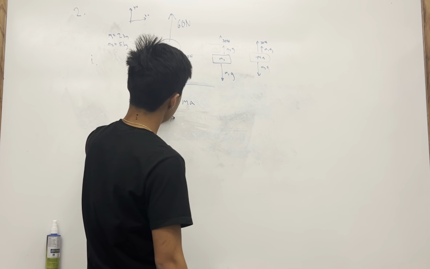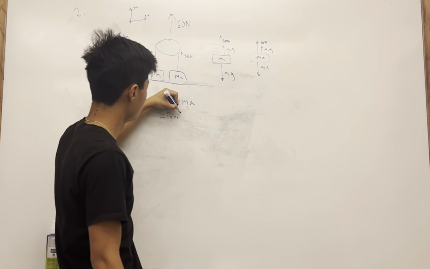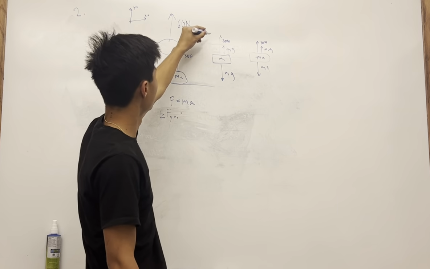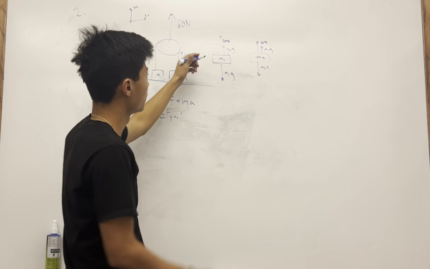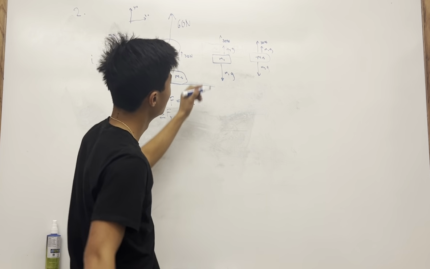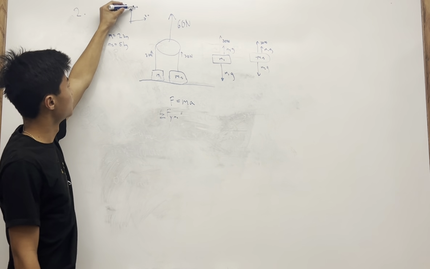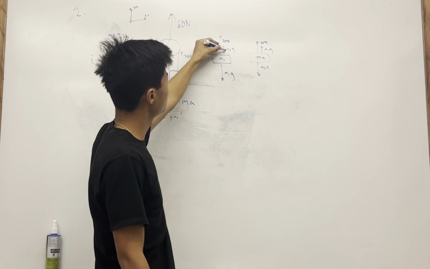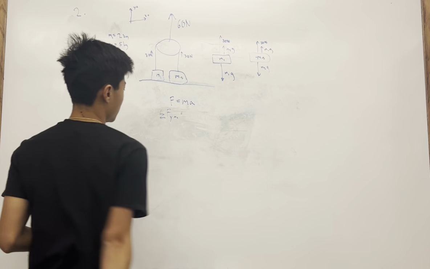For mass 1, we're going to start with mass 1 first, is equal to 30, this is going in the positive direction. We're just adding up all of our forces on our free body diagram. And notice that this is pointing down, so this is going to be negative, because we defined y positive being in the up direction. So these two will be positive, and these two will be negative.